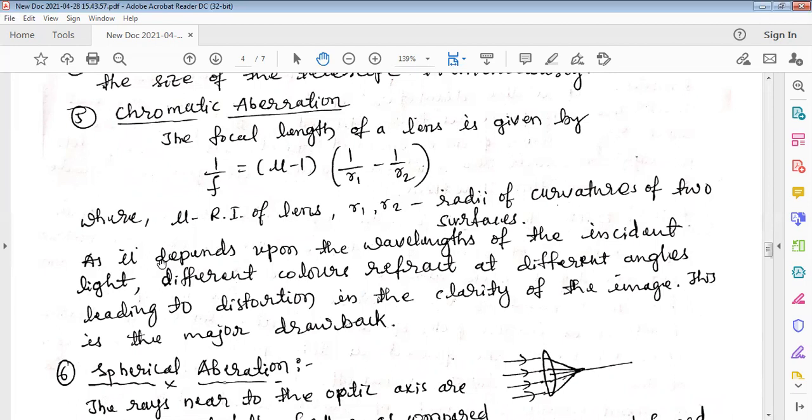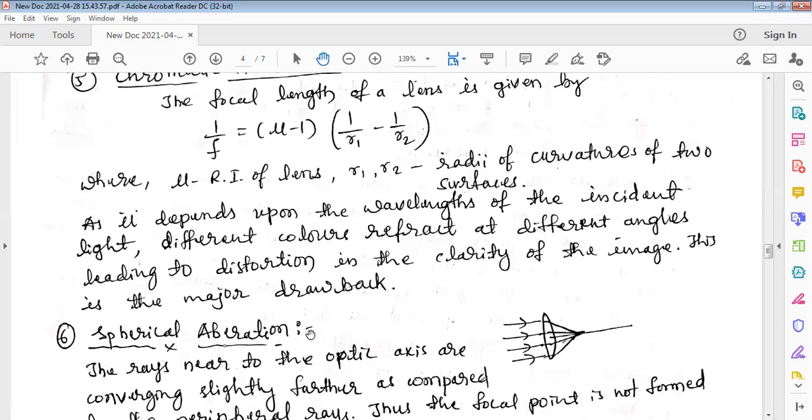As mu, the refractive index, depends upon the wavelength of the incident light, different colors refract at different angles, leading to distortion in the clarity of the image. This is called chromatic aberration, and this is the major problem of this telescope.